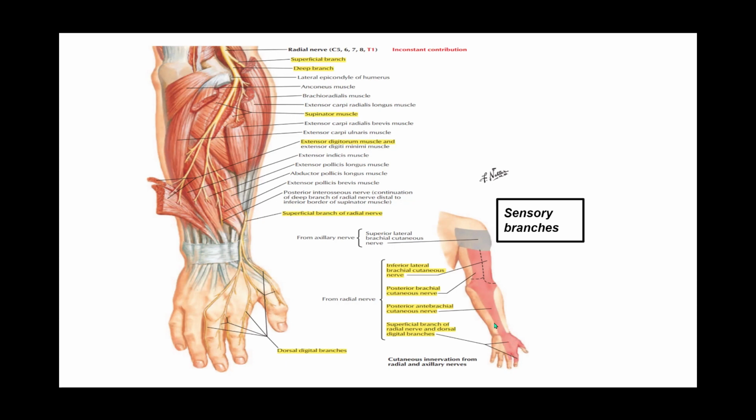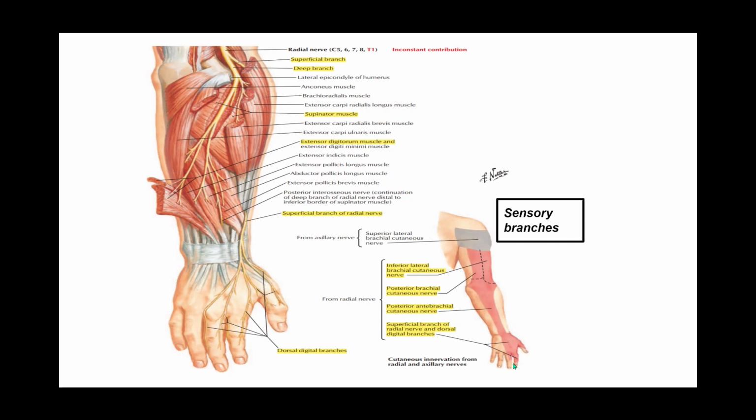And then this superficial branch of the radial nerve, you can see it's written the superficial branch of the radial nerve and dorsal digital branches, okay? The superficial branch of the radial nerve, emerging at the distal part of the forearm, then supplies the back of the hand and the back of the thumb, index finger, middle finger, okay?